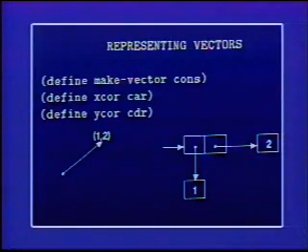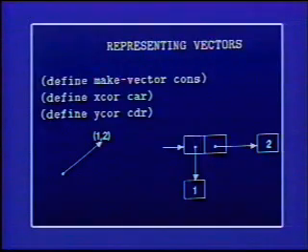Notice here I wrote this in a slightly different way. The procedures we've seen before, I said something like make vector of x and y, cons of x and y, and here I just wrote make vector cons. And that means something slightly different. Previously we'd say, define make vector to be a procedure that takes two arguments x and y and does cons of x and y.